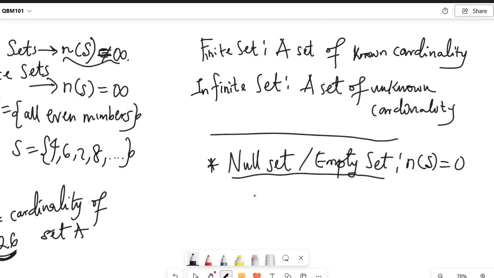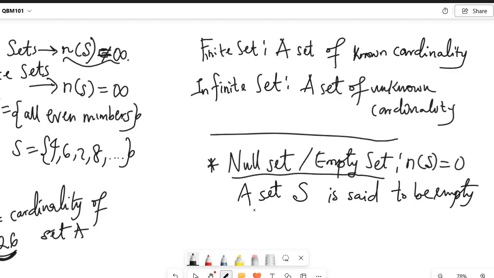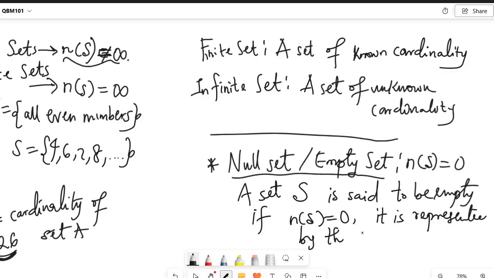And there is a way we represent a null set. Let's say a set S, I like the letter S, so a set S is said to be empty if n of S equals 0, and it is represented by the symbol phi.